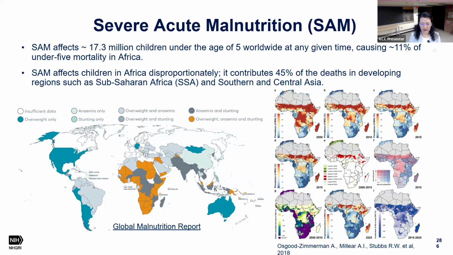It's also causing 11% of the mortality in young children in Africa. In terms of geographic distribution, sub-Saharan African regions and southern and central Asia have the most intense SAM patients.